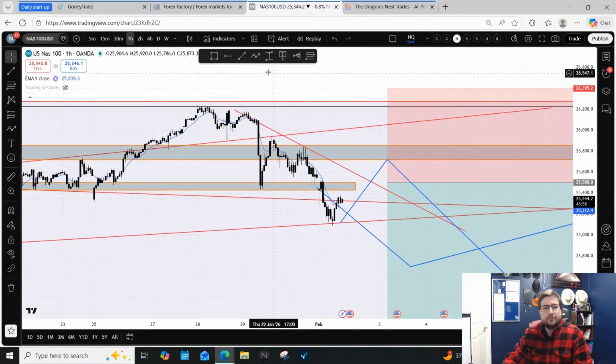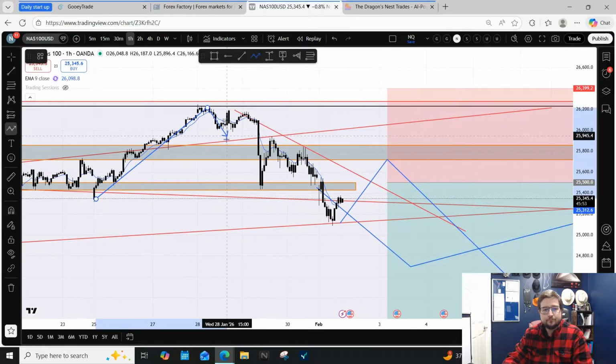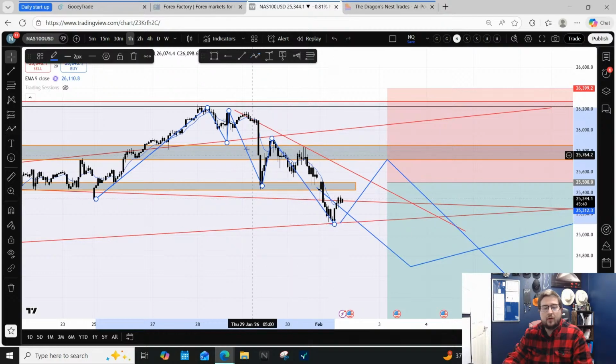So at this very moment, this is market structure that I can see. We were in this uptrend, right? Then we started making a higher low, lower high, and then we broke through with a lower low, lower high, and now this is the new lower low on the 1 hour time frame.